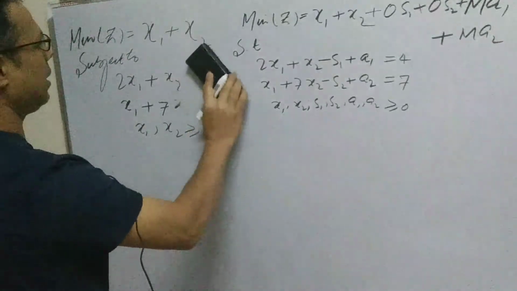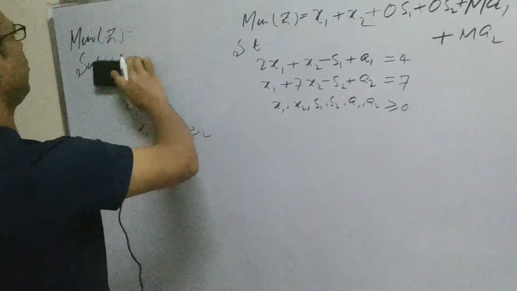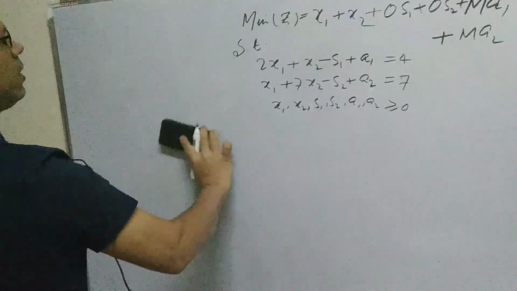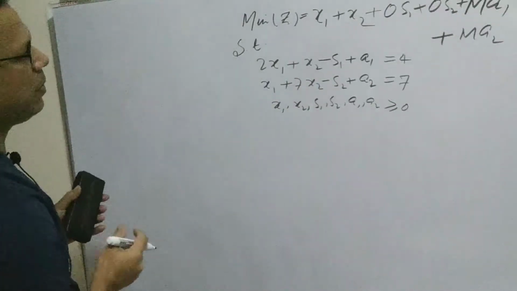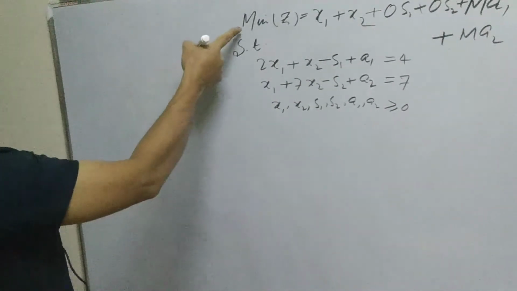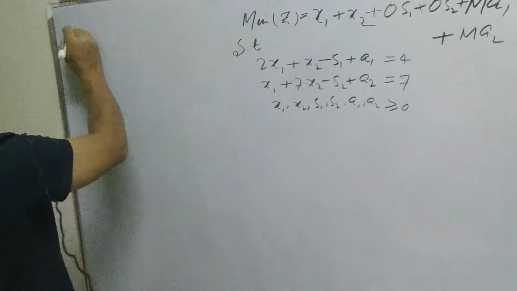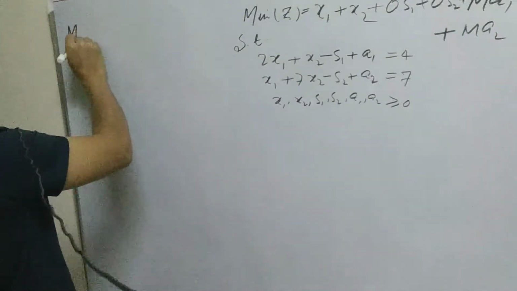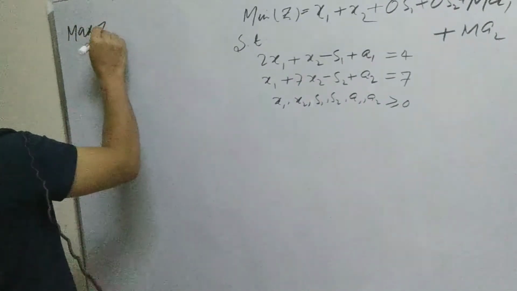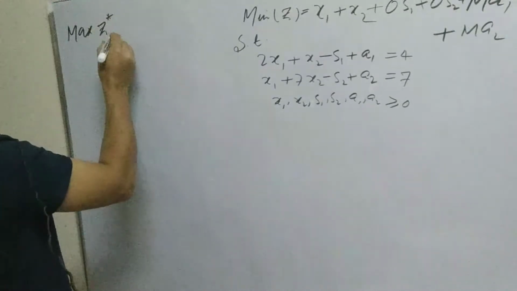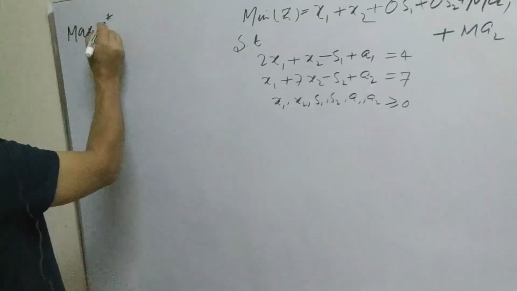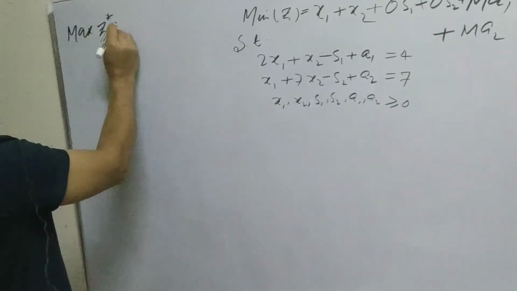Now these constraints are going to be changed into equations, and this is the new LPP. If you are going to write this minimization in maximization form, then you need to write max z. So if you change minimization to maximization, I am going to change z to z star.